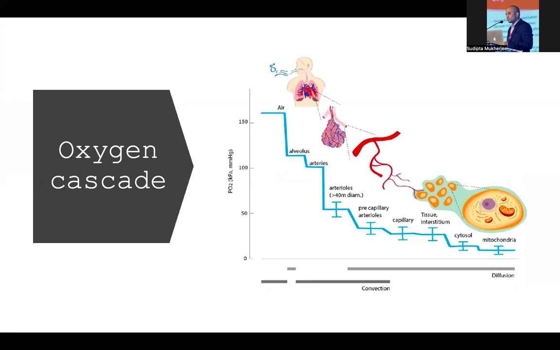It is the transfer of oxygen from the atmosphere up to the cellular level. During this journey, oxygen transfers from the atmosphere to the lung via the airway, goes to blood, is carried by the blood to the tissue and is utilized at the end. So if there is a pathology at any level up to hemoglobin saturation, the patient may present with desaturating episodes and we have to identify the cause.